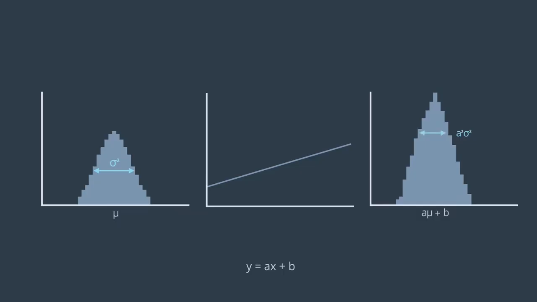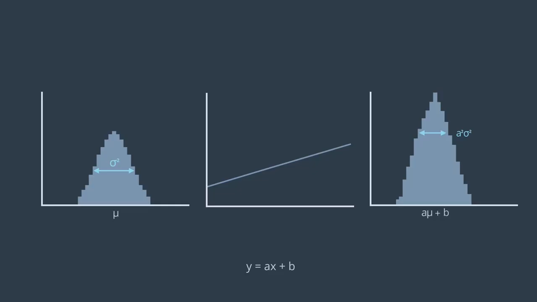This posterior distribution is a Gaussian with a mean of a mu plus b and a variance of a squared sigma squared. This is precisely what can happen in a state prediction. The important thing to note is that a linear transformation that takes a Gaussian distribution as an input will always have a Gaussian distribution as an output.